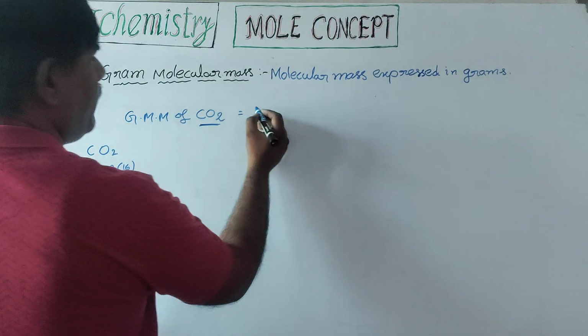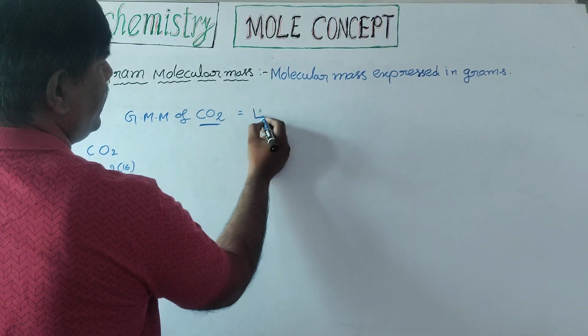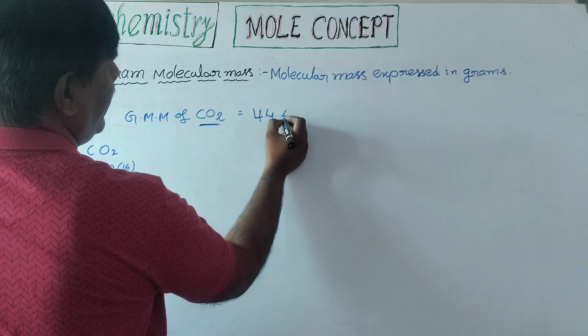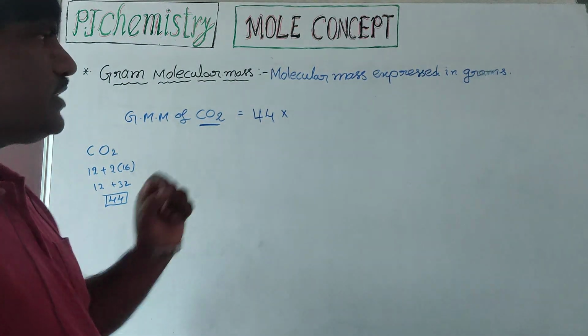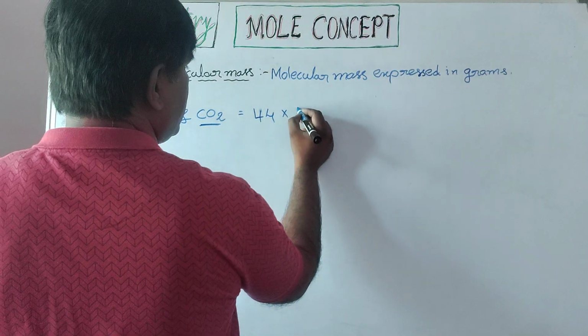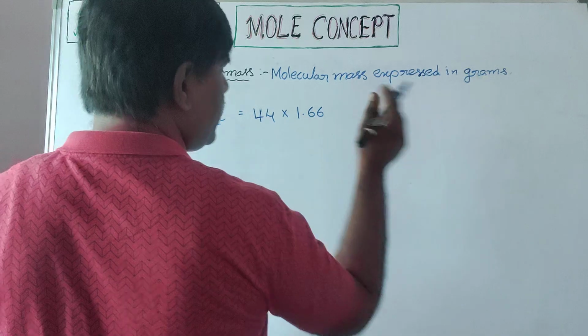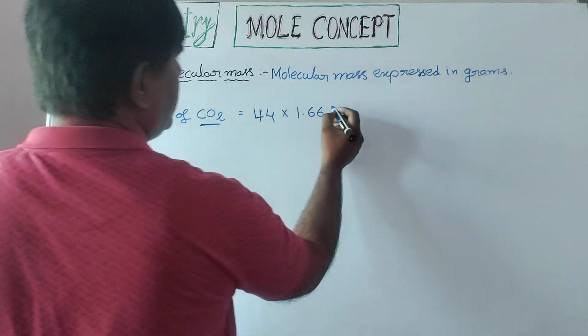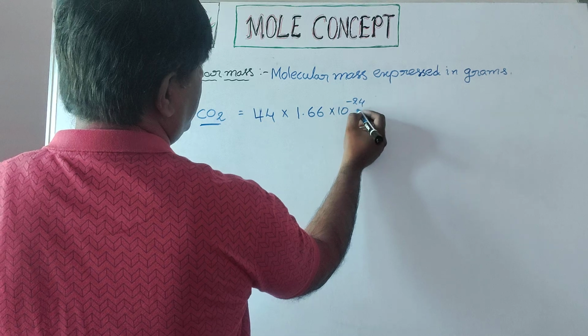So the molecular mass of carbon dioxide is 44 into 1.66 into 10 to the power of minus 24. That is common because they considered 1/12 part of the C12 isotope. Minus 24 grams.